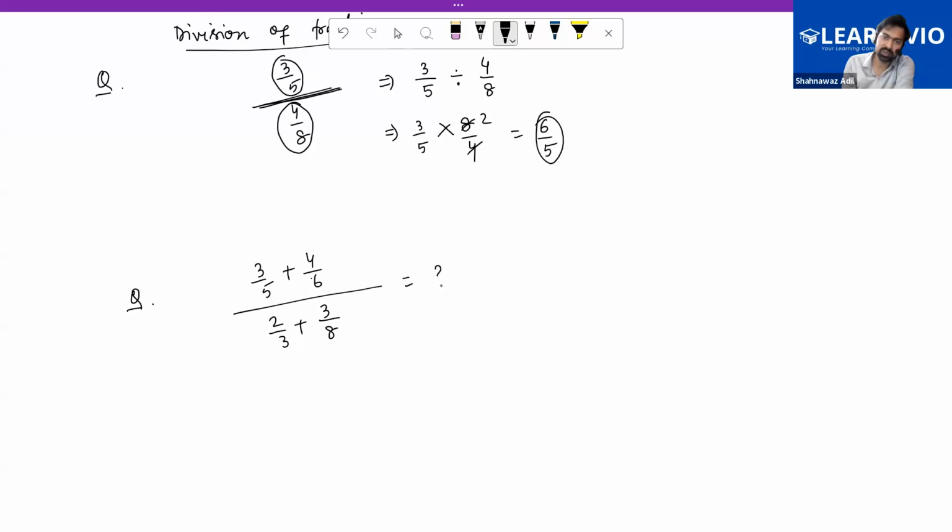This is a mixed question in which you have addition. Oh, let me change this to subtraction. So you have addition, subtraction, multiplication, division, all those things. Please solve this question and tell me what answer you get.